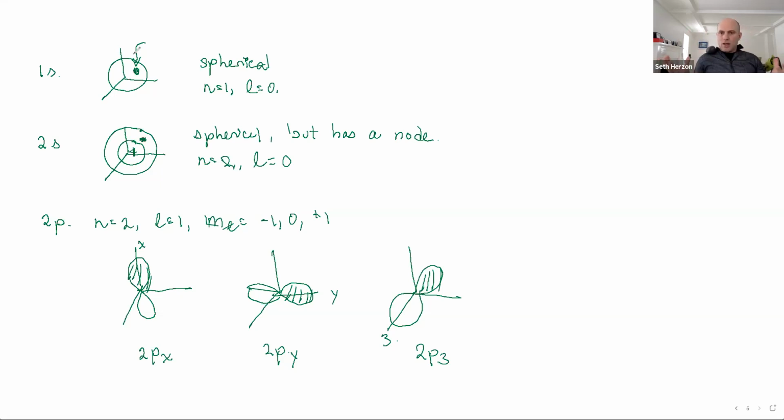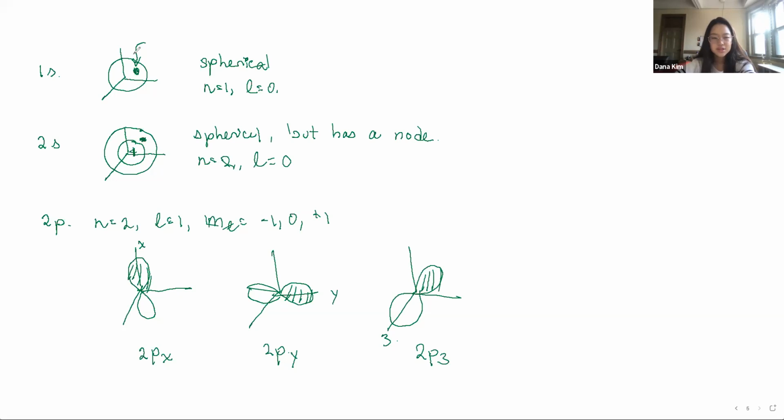Regardless of the shape of a node, they all have the same property, which is that if you were to ask the wave function what's the probability of finding an electron at that point in the node, be it a point on a spherical plane or 2D plane or a point, it would be 0. Okay. Yeah.